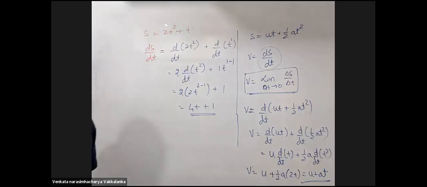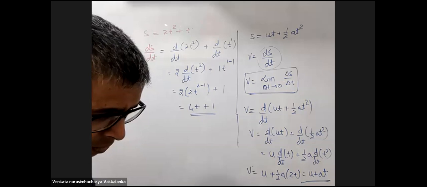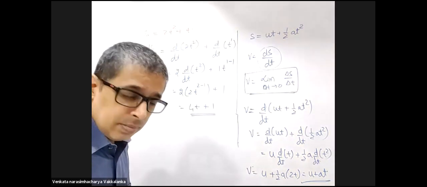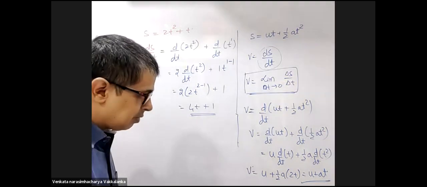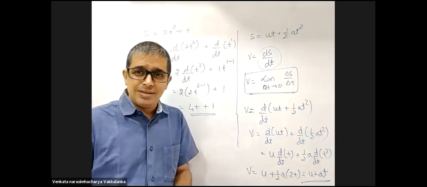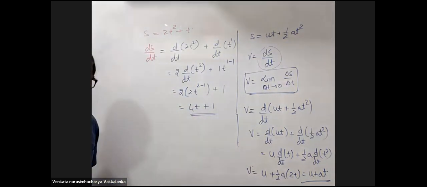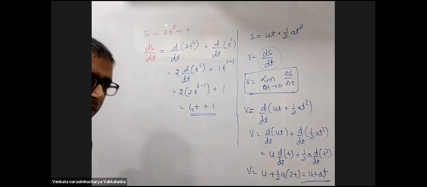Sir, if a is not constant, then how do we solve it? You really think I leave it there? At the right time, it will be told. Don't worry. Take it down till here. Sir, constant acceleration means the acceleration is like 2 meter per second square, then 4 meter per second square.